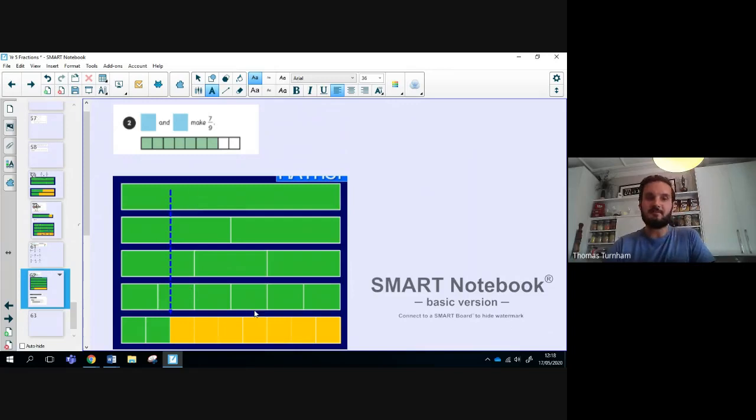Some of you might have started playing around with mixed fractions. That's fine. You might have done things like 2/3 and 1/9.